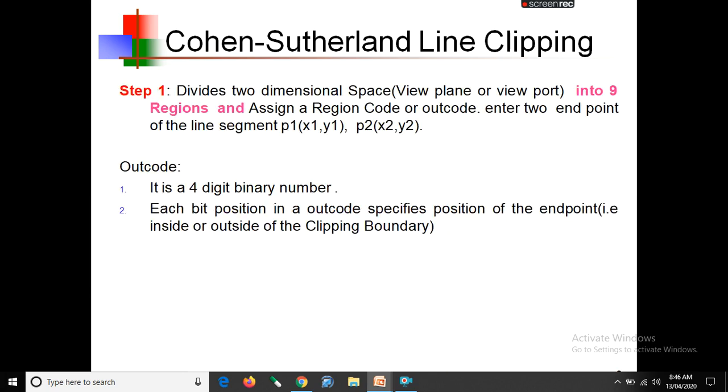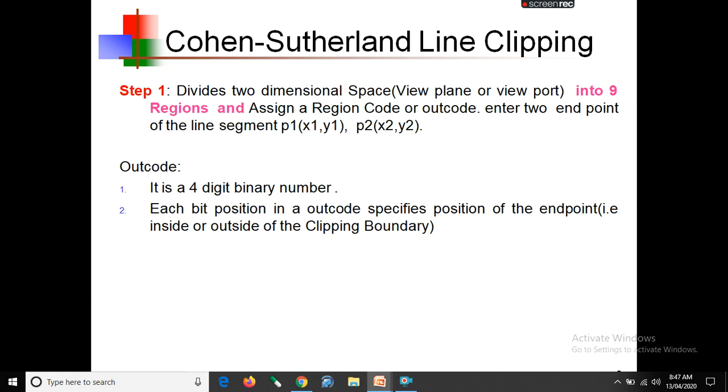If we want to use the Cohen-Sutherland line clipping algorithm, first, as I said in the previous slide, we need to divide the given two-dimensional view plane into 9 regions, and we need to assign a region code or out code to each of the 9 regions. We also need to enter two endpoints of the line segment.